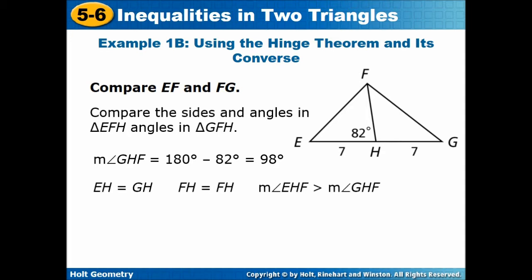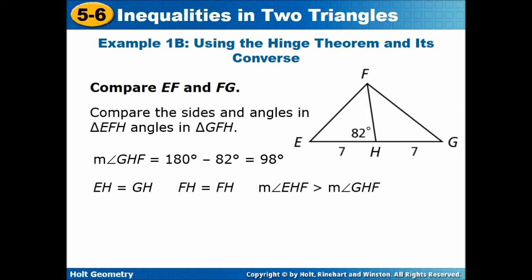Okay, so EH equals GH, we know that because they're both 7, and FH equals itself, FH. So what do we have? We have two sides that are congruent, and we have an angle, but we don't have both angles.